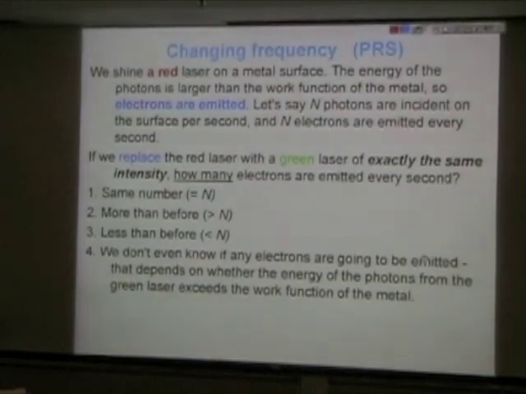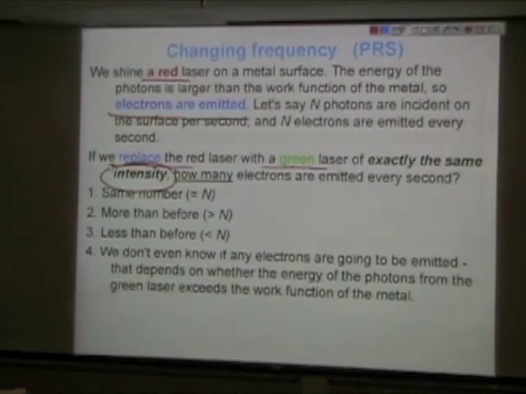And one more. Read carefully what is happening. Again, we use the red laser first. And we, again, observe the effect. And now we want to replace the red with green. However, the intensity of the light doesn't change.